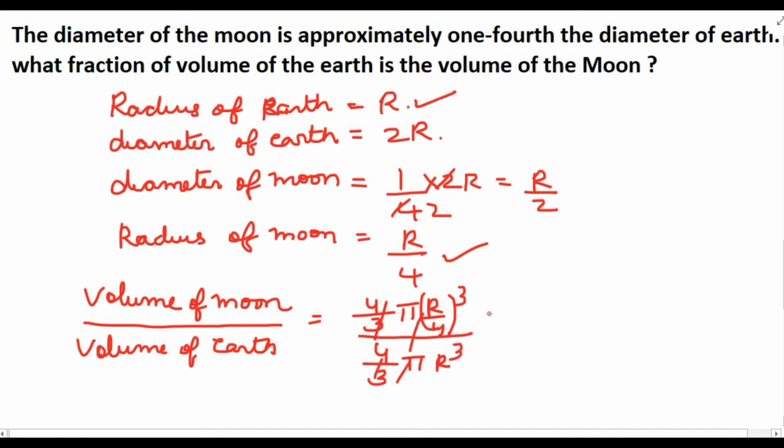This will get cancelled, R cube will get cancelled. So our answer is 1 by 64, or we can write 1:64. So volume of the moon divided by volume of earth is 1:64.